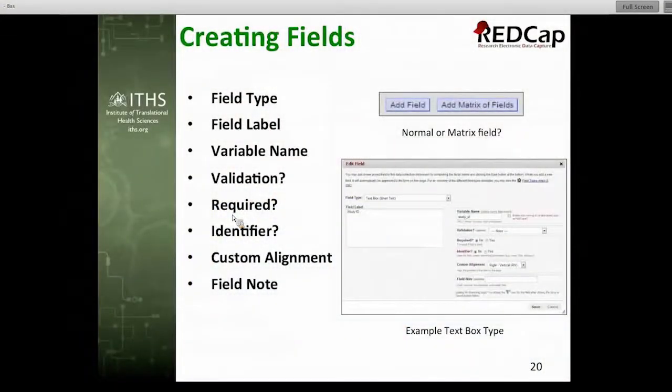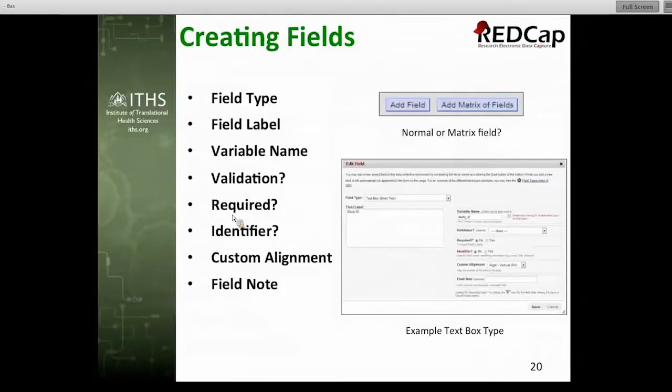And I mentioned field types because it governs what you can do with the wizard to begin with. Once you select the field type, the wizard will actually change based on the field type. So if you have a section header, it will only show you a field label because that's the only thing relevant for a section header. If you have a text box, it will show you only the field label and these options.